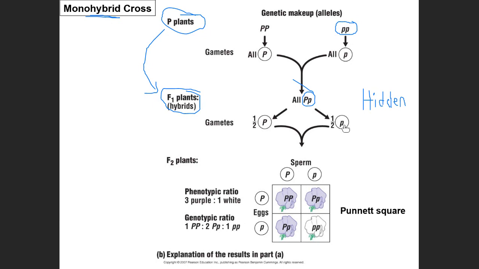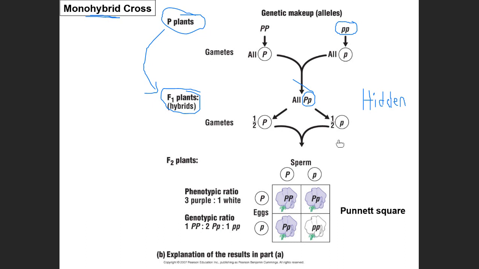So 50% of the sperm were carrying the chromosome with the dominant allele, 50% were carrying the recessive allele. But in that same F1 plant that was going to self-fertilize, in the carpel, gametes called eggs were being produced. And there was a 50% chance they were carrying a chromosome with the dominant allele for purple flower, and a 50% chance they were carrying a recessive allele for the recessive color, white flower.